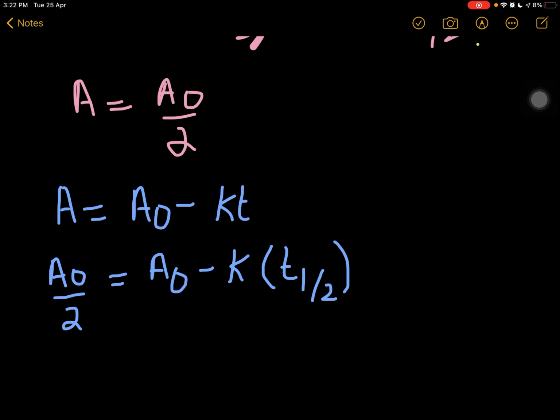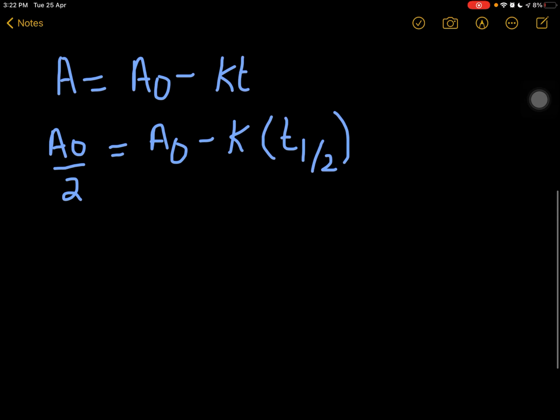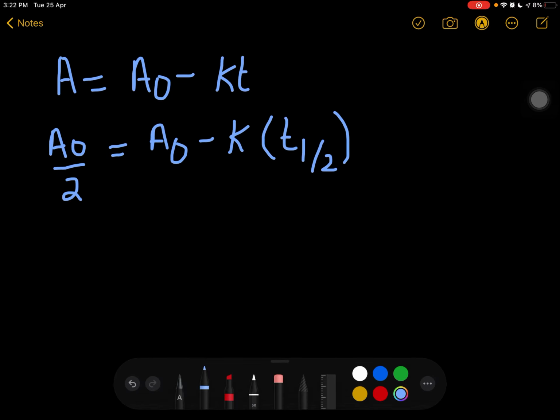This is right. Now when we shift these values, this A naught will go to this side and become A naught upon 2, and minus KT will go to that side, so it will be K T1 upon 2, and negative will become positive, and here A naught upon 2, right?